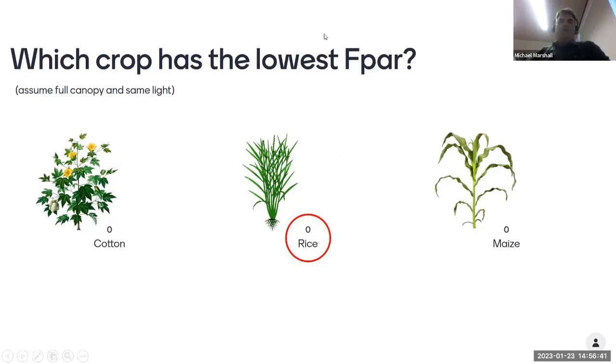Yeah, somebody raised their hand. Yeah, it may also, good point, Edward. Of course, yeah. So this was just a question to get you thinking. Of course, a lot of factors are involved. So yeah, if cotton, for example, was very spread out and your target was a field or over a larger area, your scale of observation, we call it, then of course the fPAR could be lower because it's scattered.